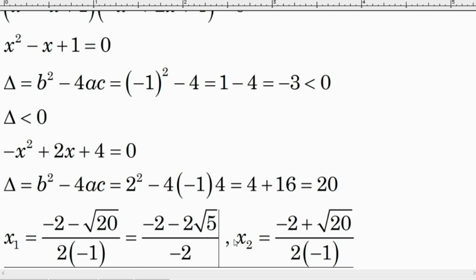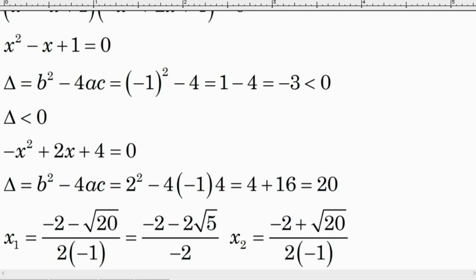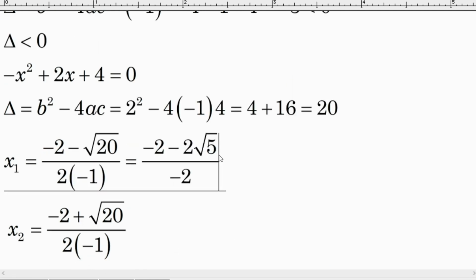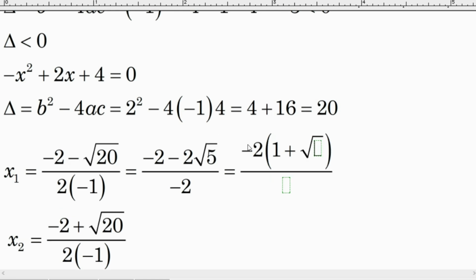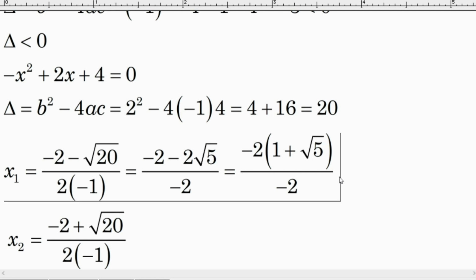Then I can move this down here and take minus 2 in common, so we get minus 2 factored with 1 plus the square root of 5, and then divide by minus 2. Now we can see that we have minus 2 and minus 2, so we can cancel them out. So the answer is 1 plus the square root of 5.